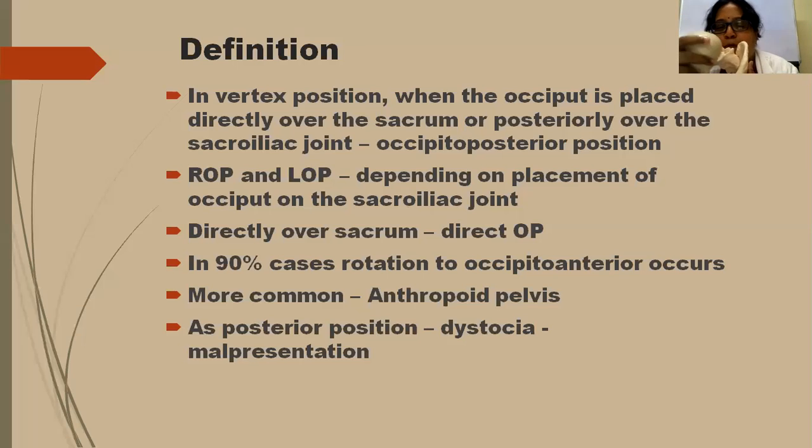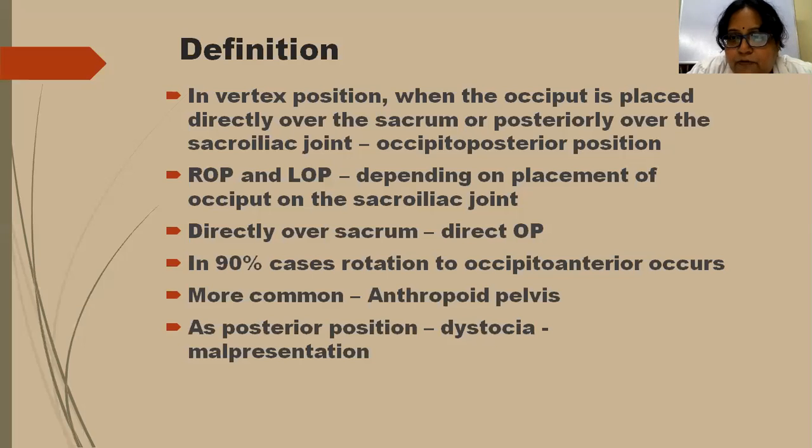When the occiput is placed obliquely over the left sacroiliac joint, we call it left occipito-posterior. When it is placed over the right sacroiliac joint, we call it right occipito-posterior position. Or when it is placed directly anteroposteriorly over the sacrum, we call this direct occipito-posterior position.